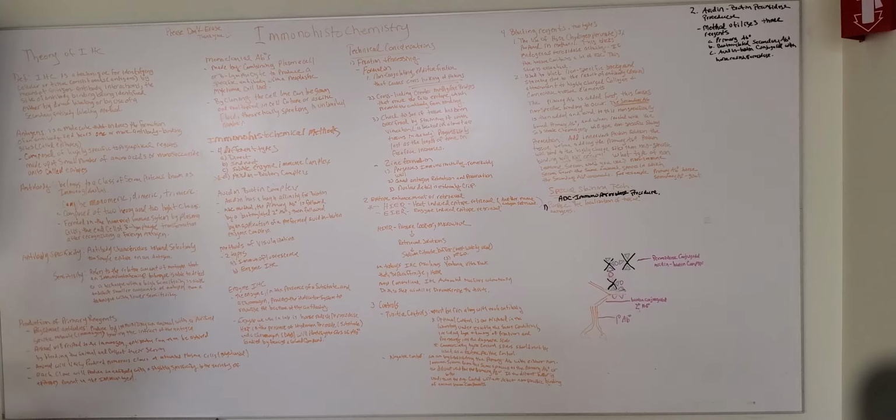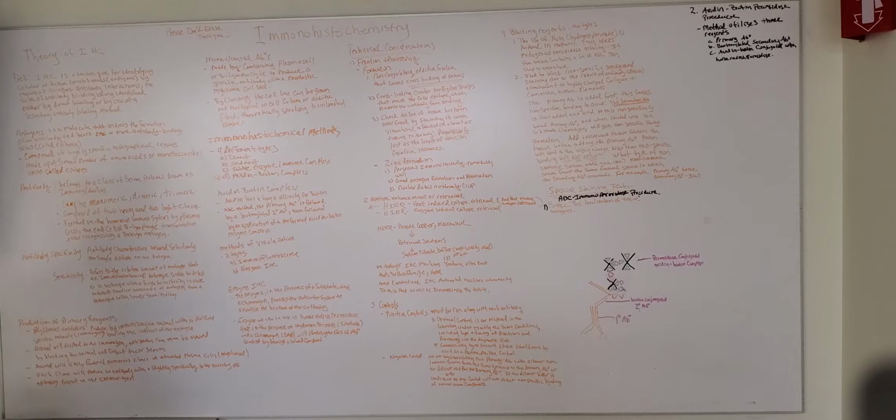Now I was telling you selectivity and specificity and sensitivity. Sensitivity refers to the relative amount of antigen that an immunohistochemical technique is able to detect. Example, a technique with a high sensitivity is able to detect smaller amounts of antigen than a technique with lower sensitivity.